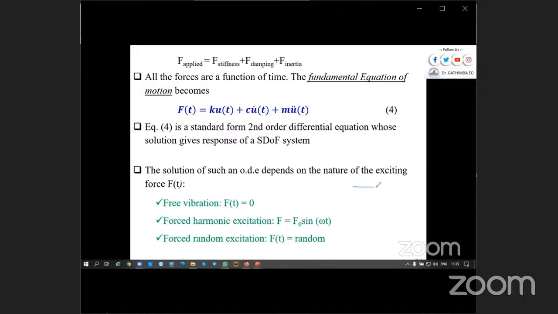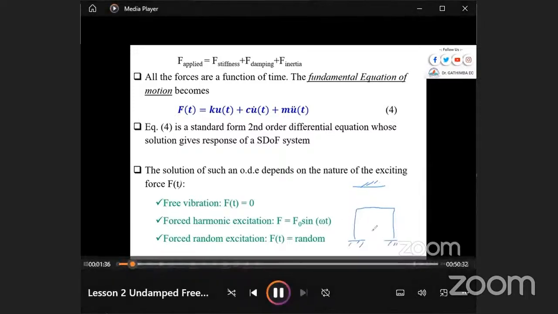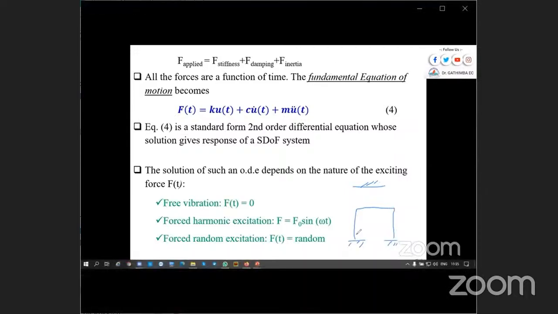Let me use a structural system instead of just giving an example. The system that we have talked over, this is our rigid frame. And then let's say we applied a load, initially a displacement.